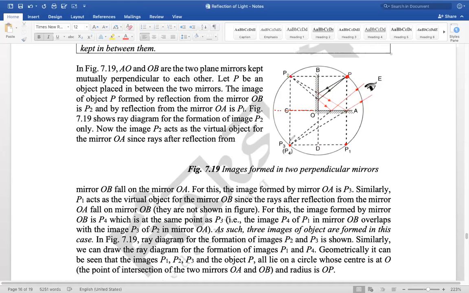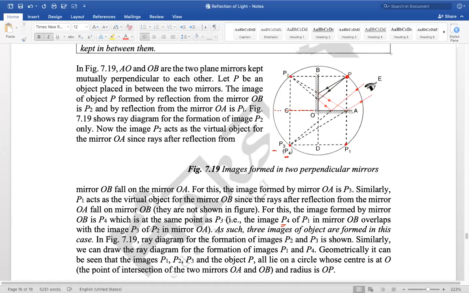That is the image P4 of P1 in mirror OB. ठीक है. The image P4 of P1, तो ये P1 का जो इमेज है P4 और P2 का जो इमेज है P3, ये दोनों कोइंसाइड करेंगे, यही लिखा हुआ है. So the image P4 of P1 in mirror OB overlaps with the image P3 of P2 in mirror OA.